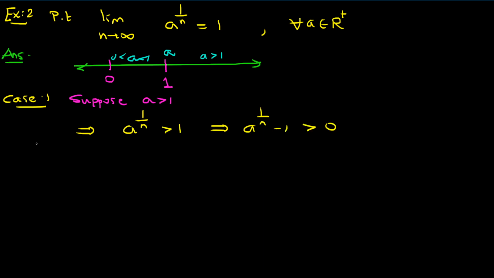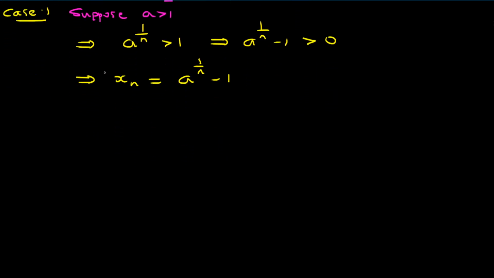And this I want to define as my new sequence, say xn is equal to A raised to 1 upon n minus 1. Remember, xn is positive for every n. So I can write A raised to 1 upon n is equal to 1 plus xn, taking this 1 on the other side.